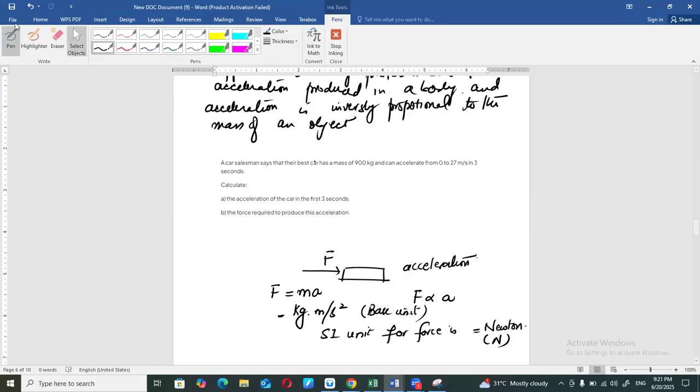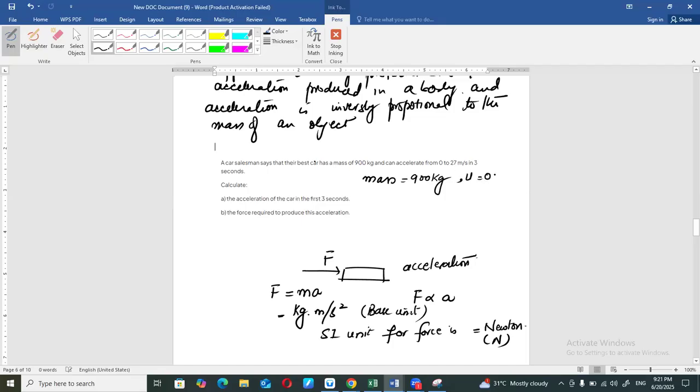Let's do this question. Say a car salesman says that the best car has a mass of 900 kg. Mass is given, and it can accelerate from 0 to 27 meters per second.